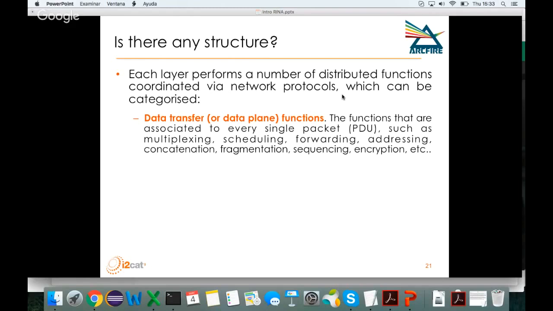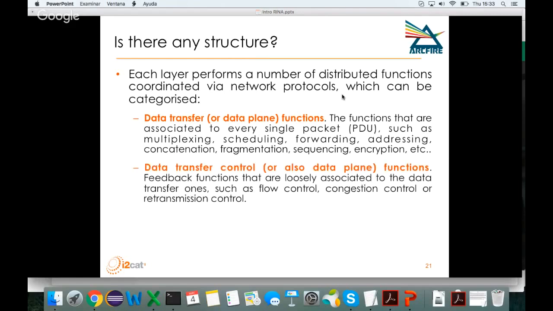For example, IP is a data plane protocol, Ethernet a data plane protocol, and so on. Then we have data transfer control protocols or functions, which are loosely associated with the data transfer ones, but are not per each packet. So functions such as flow control, congestion control, transmission control.